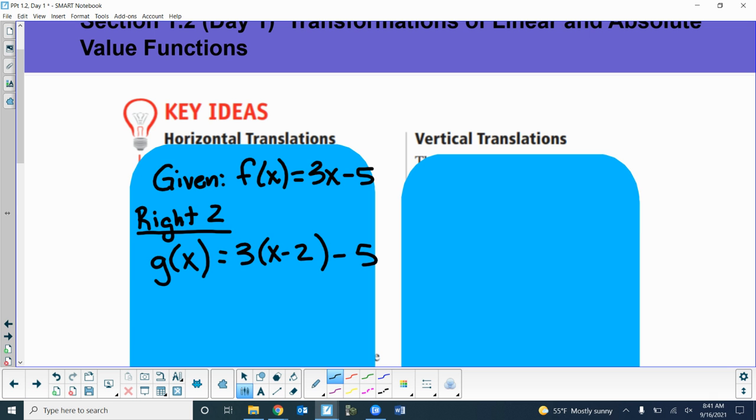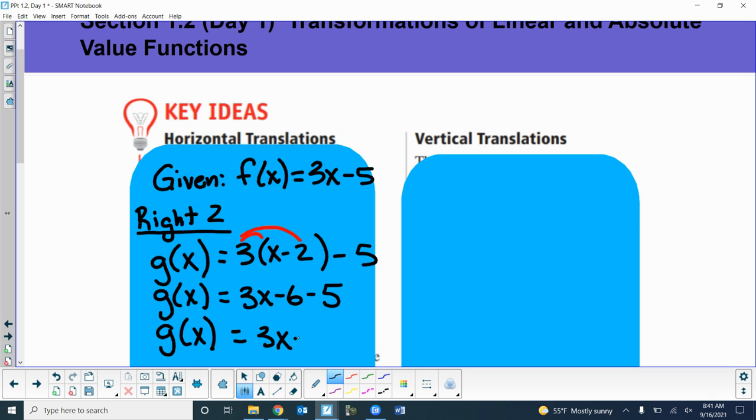So what do I got to do with that 3? What's that red stuff telling me to do? Distribute, right? So we get 3x minus 6 and then the minus 5, which is 3x minus 11.